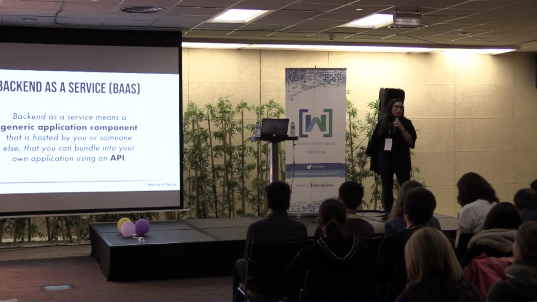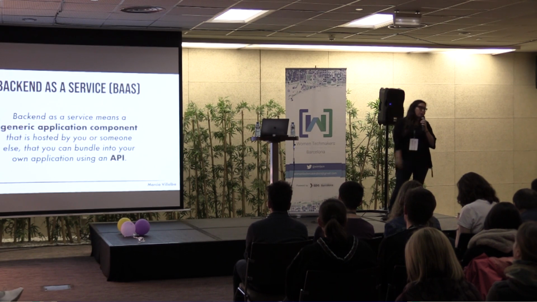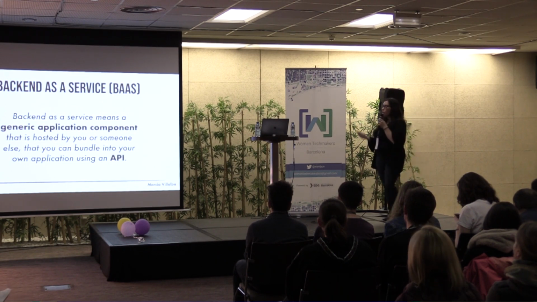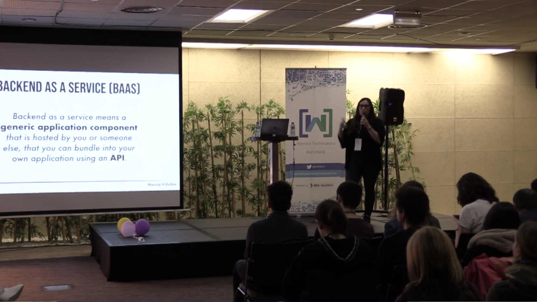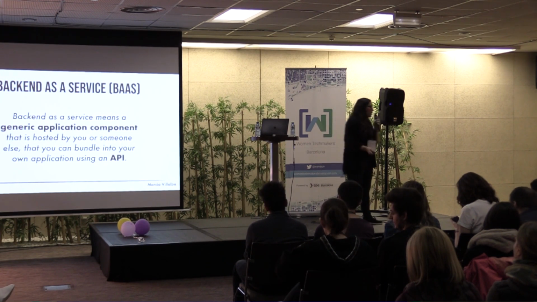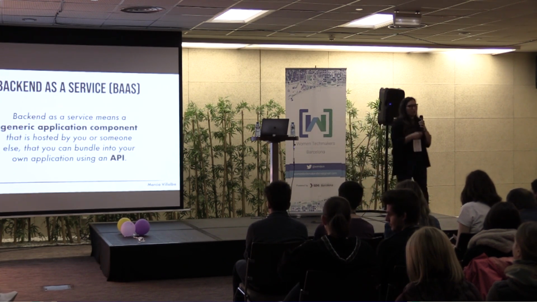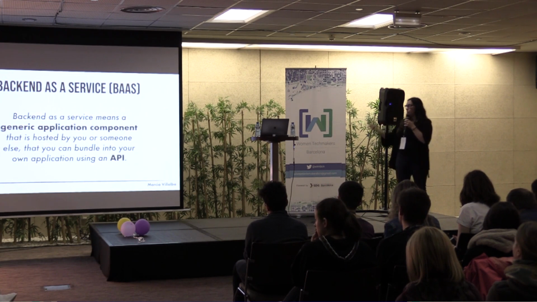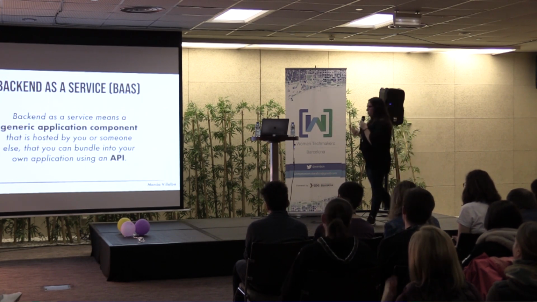And if you don't have traffic, you don't pay for anything. If you have a lot of traffic, you pay for the traffic. The same with storage, the same with queues, the same with streams. Whatever service you imagine, there is a managed service for it. And it's called backend as a service.